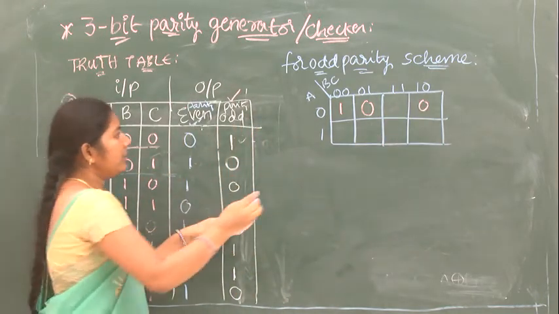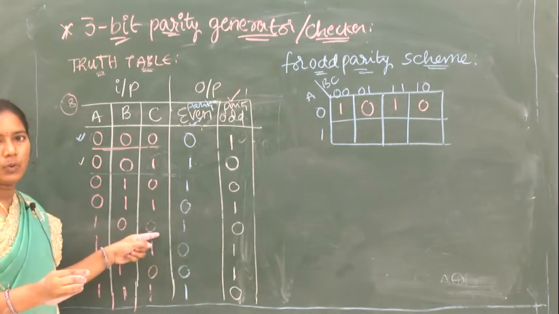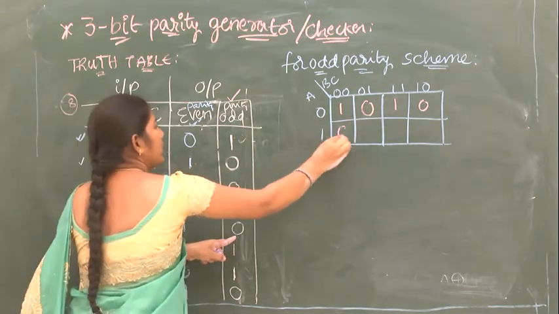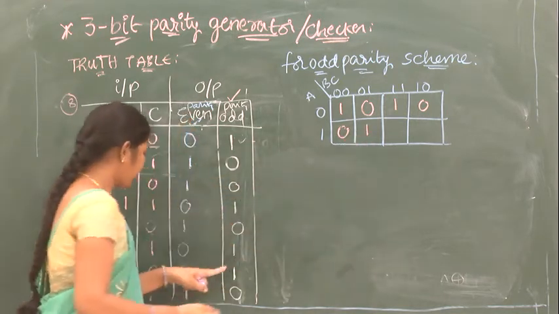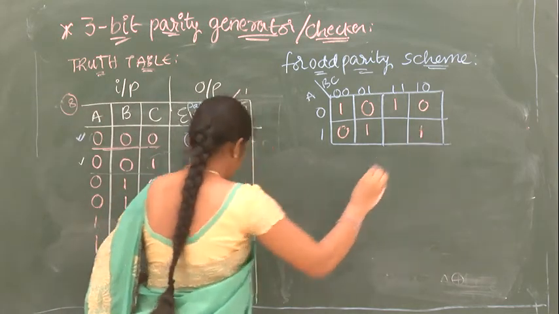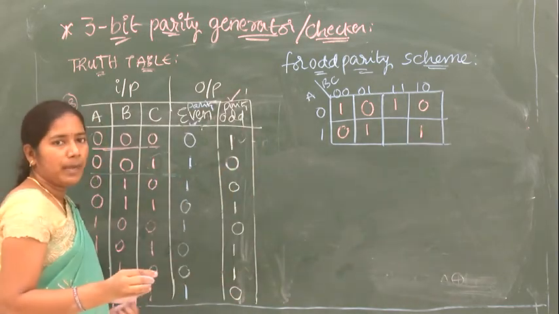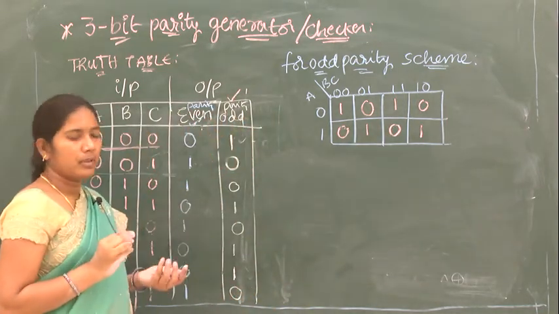For 011, it is 1. For 100, it is 0. For 101, it is 1. For 110, it is 1. And for triple 1, you will get the output as 0.